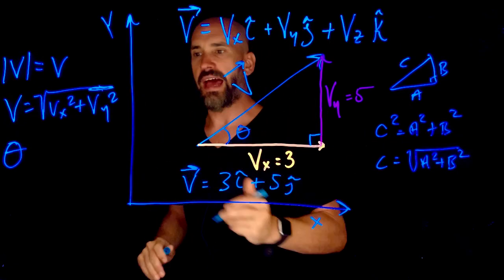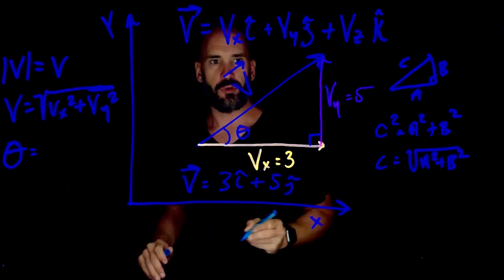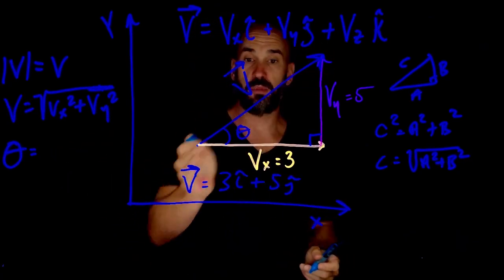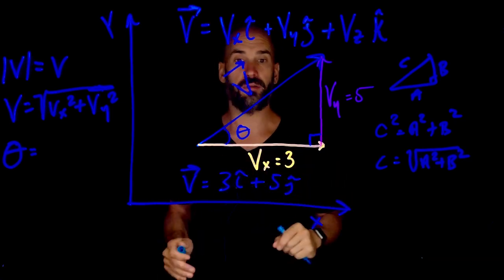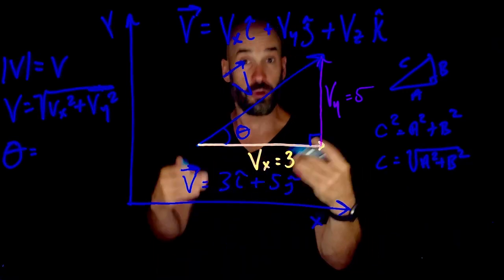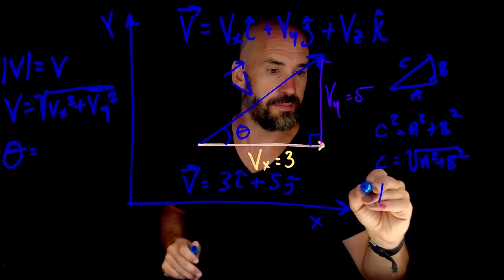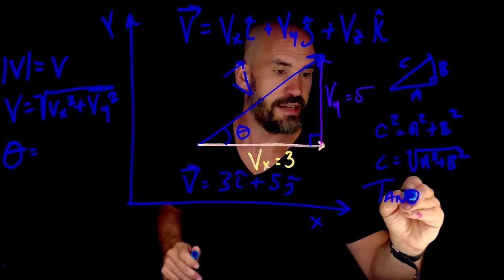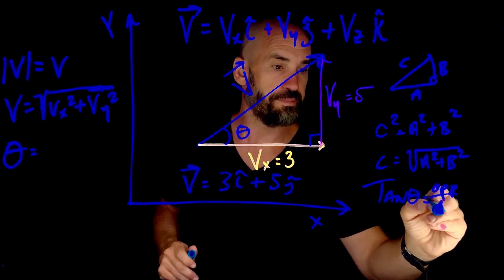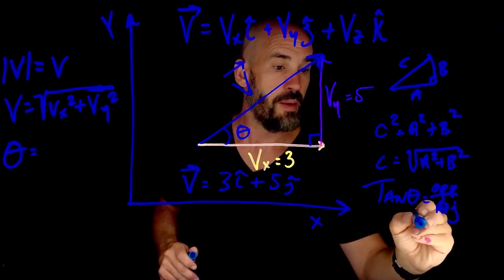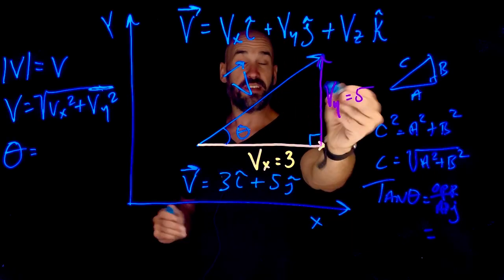Okay? And what about the direction of the vector, right? We need to know what direction this vector is pointing. Well, it's pointing at some angle from the x-axis, as we can see from here. And we also know from SOHCAHTOA that tan theta is equal to opposite over adjacent, right? But in this case, opposite is just vy.